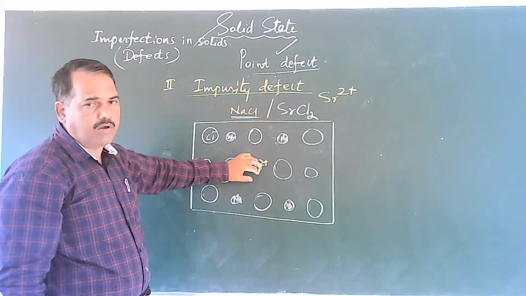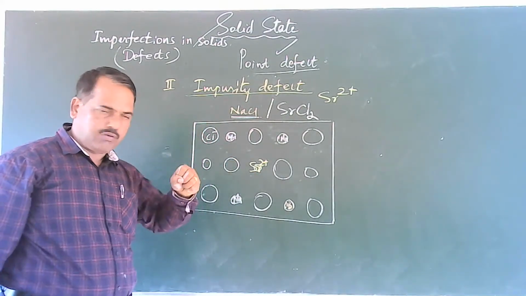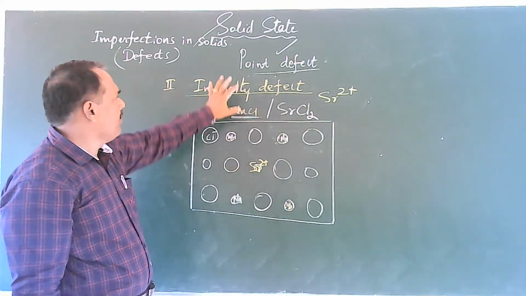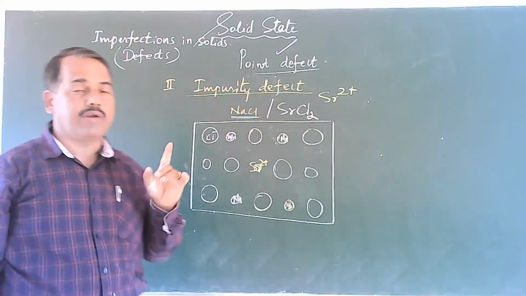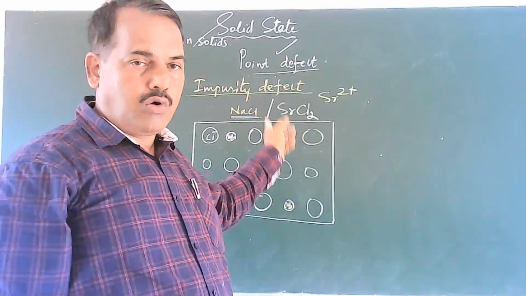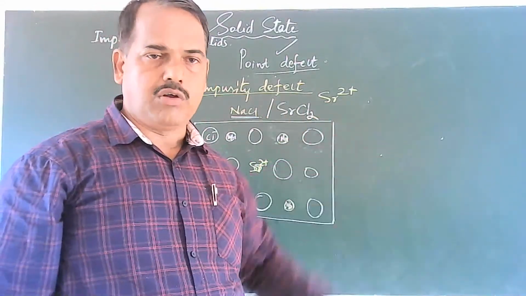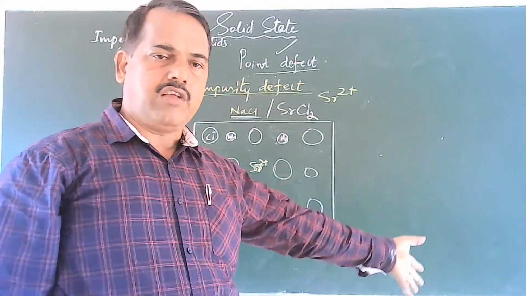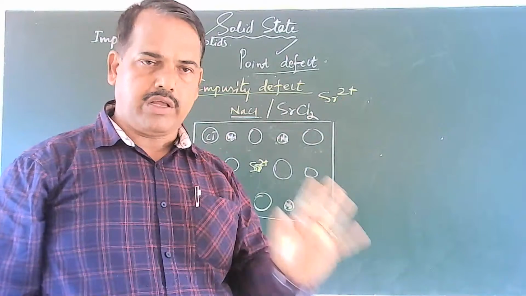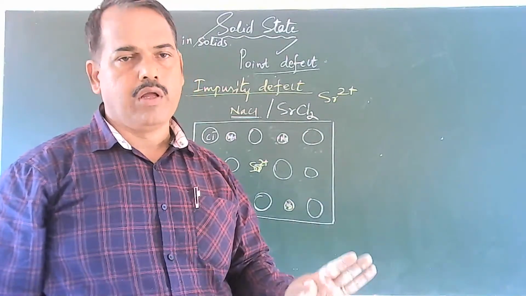So the strontium ion acquires two positions, and this is called impurity defect. Example is sodium chloride and strontium chloride. Another example is cadmium chloride and silver chloride. Just remember the examples. Okay.